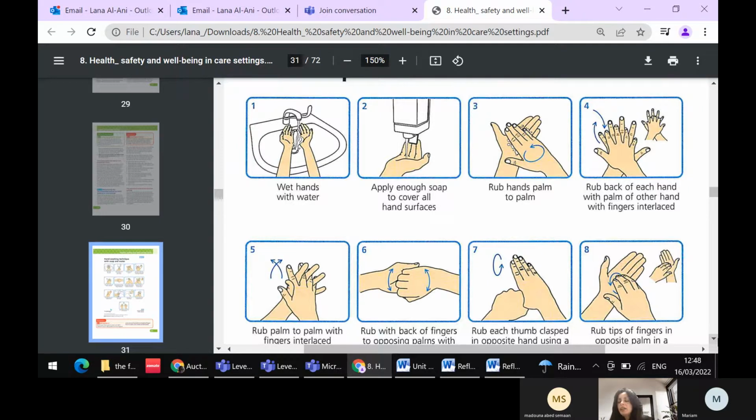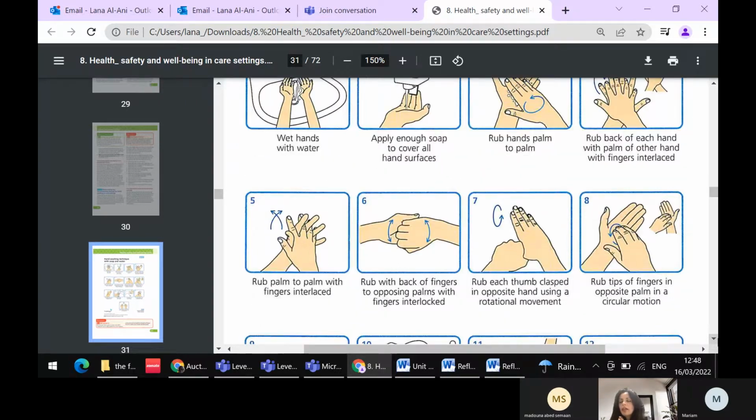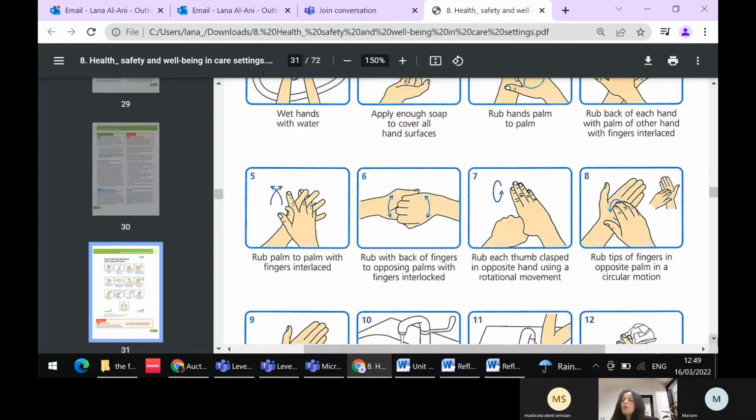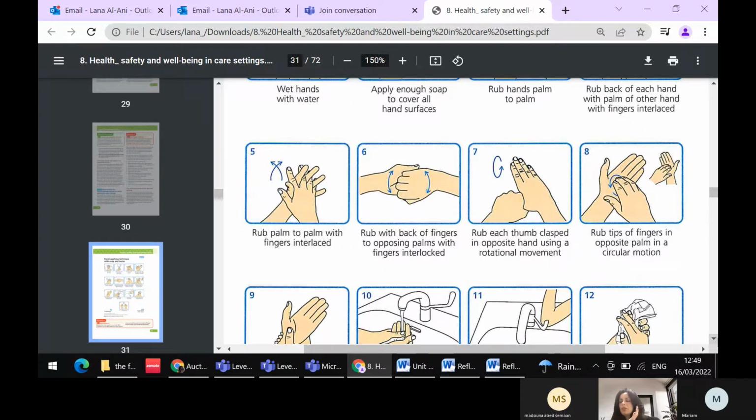And then the back to the back, and then in between the fingers, and how you can rub the back of the fingers to the palm of the hand. Between the nails. Very good. And how can you rub your thumb? How can you rub your nails to the palm of the hand?